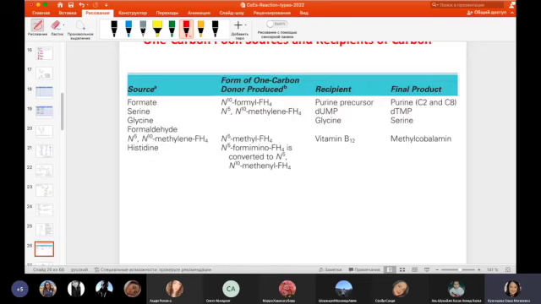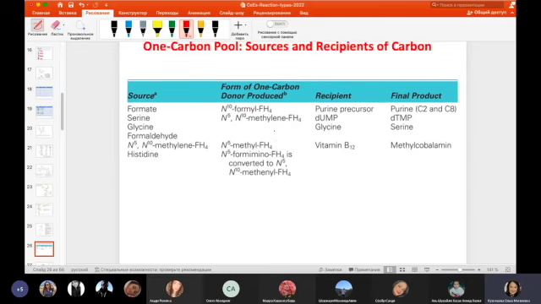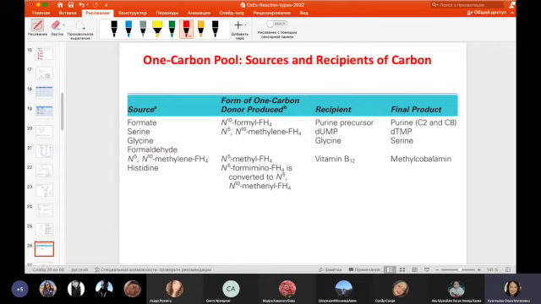In this table, you can see different forms of tetrahydrofolic acid of one carbon unit. It is formyl tetrahydrofolic acid, N5,10 methylene tetrahydrofolic acid, methyl, formimino, and methenyl, all of them. You have to understand what each name means and the role of tetrahydrofolate as a donor of one carbon.